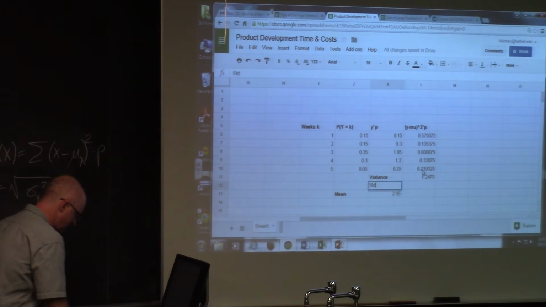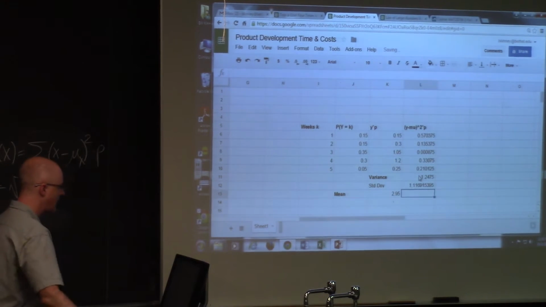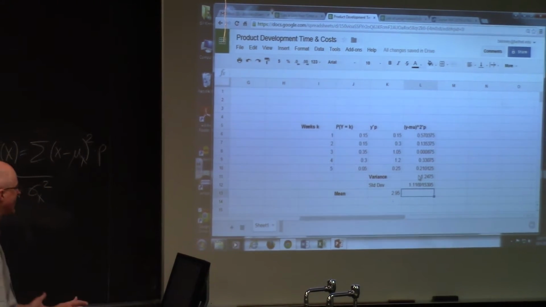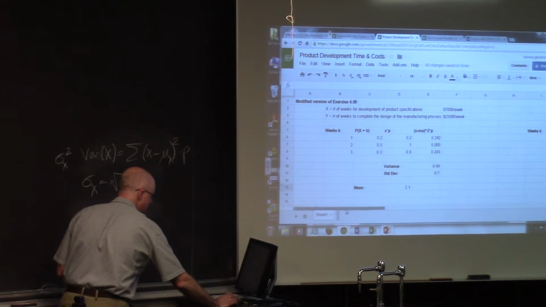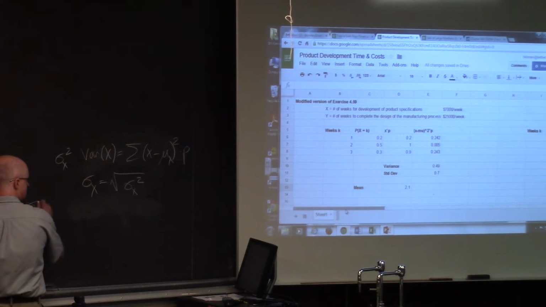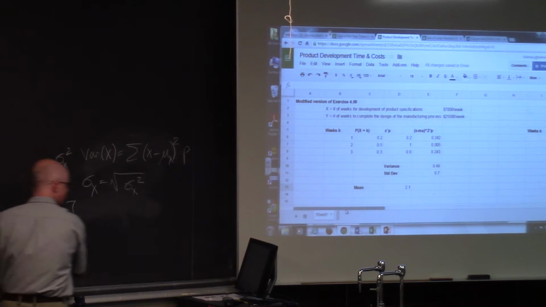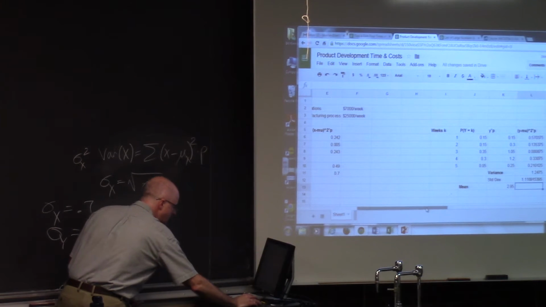Standard deviation is the square root of that. Okay, about 1.12. All right, what I want to illustrate now, so what we found here is the standard deviation of the x in this situation is 0.7, and the standard deviation of the y is approximately 1.12, let's just assume it is 1.12.